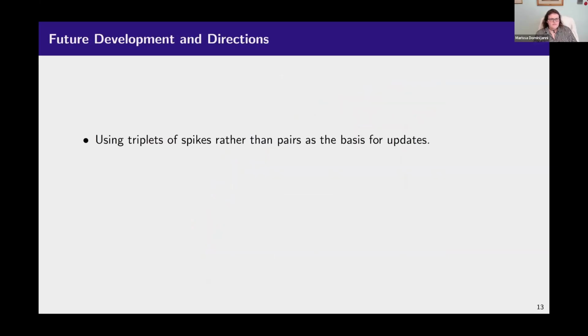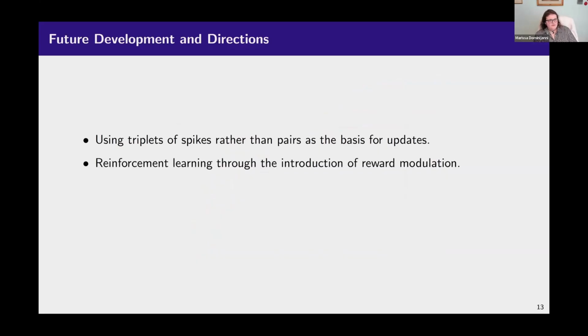And there are a couple of developments that we hope to work on in the future, which is first a generalized approach using traces. We were interested in using triplets of spikes rather than pairs as the basis for updates. We also wanted to try reinforcement learning by using a reward modulation component.